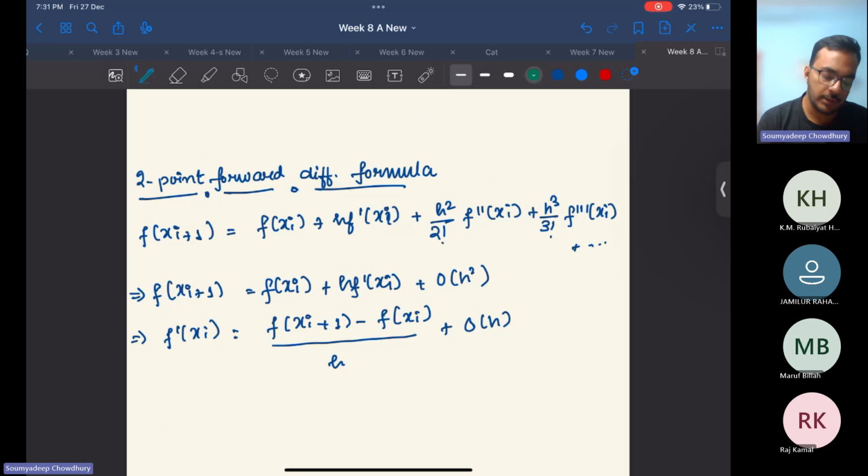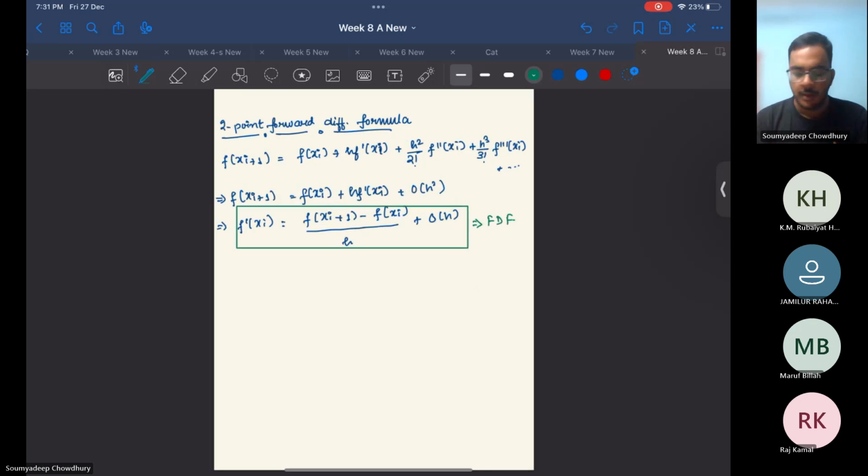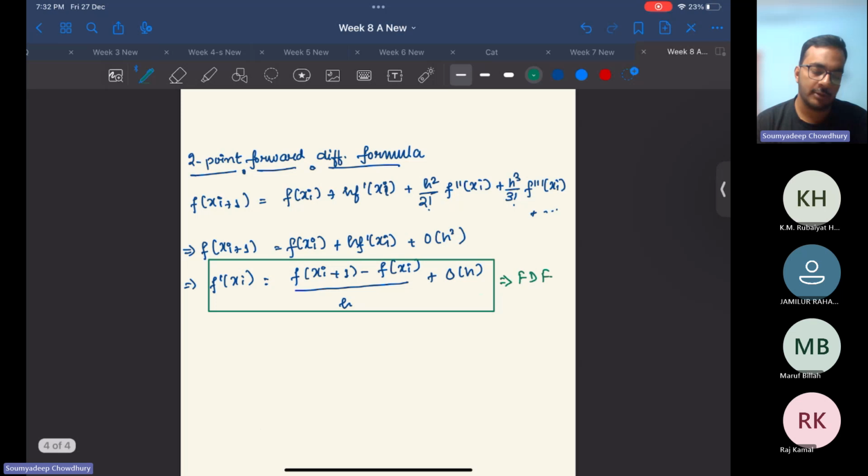So this is the formula for forward difference. So we basically have three schemes. One is the forward difference, the backward difference, and the central difference.